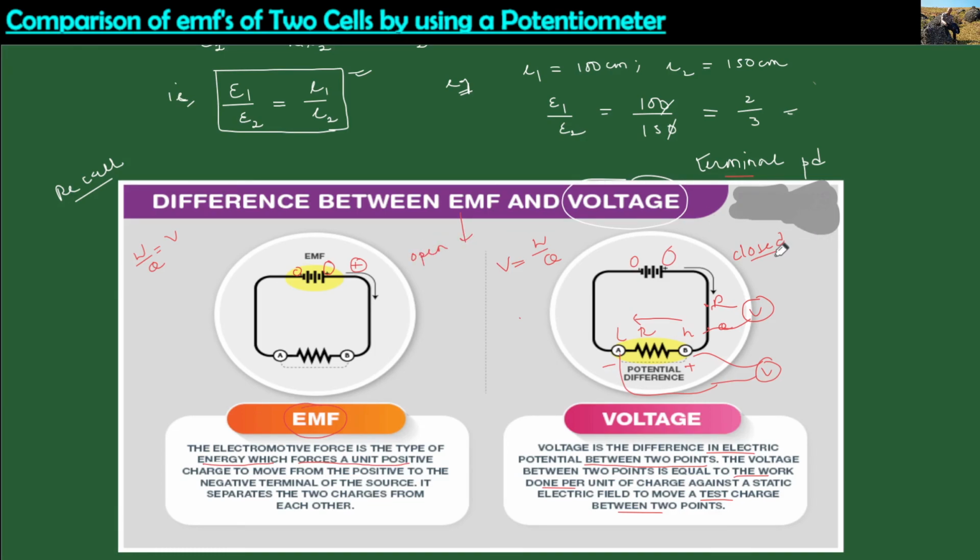There will be current flow in a closed circuit, there will be no current flow in an open circuit. So these are some of the key ideas that we need to remember, the differences between EMF and voltage.